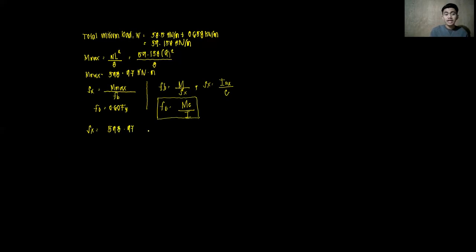598.97. But do take note, this is in kilonewton meter. So I will have to multiply this by 1,000 and then another 1,000 to convert it to Newton millimeter so it becomes megapascal. I will have here times 10 raised to 6.